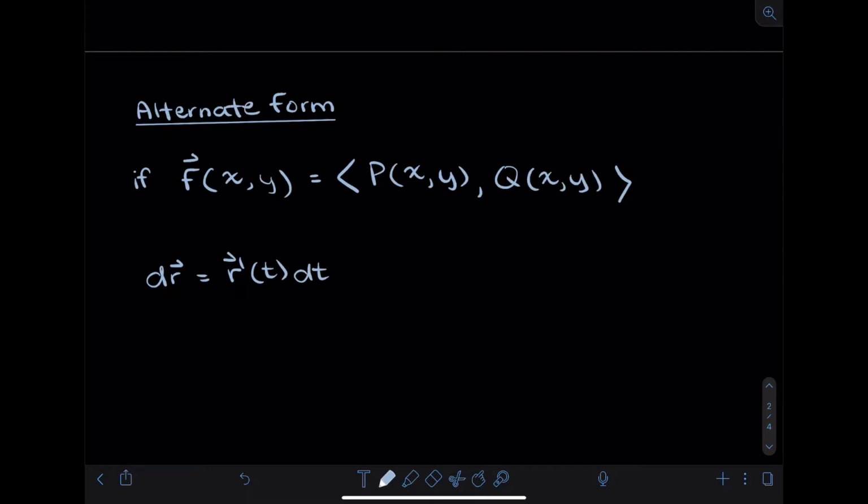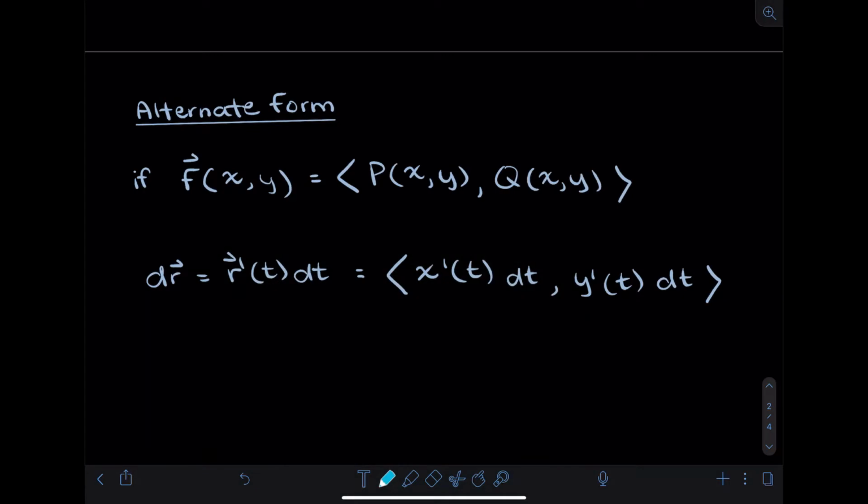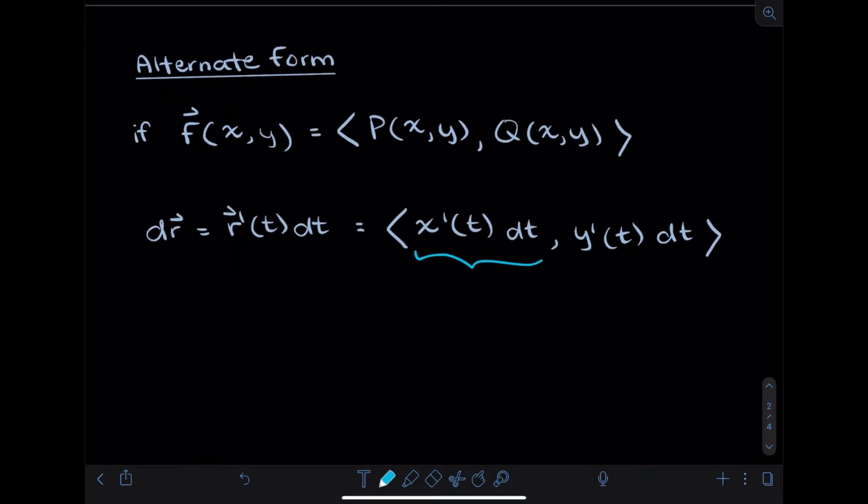So what is this? Well, simply this is just going to be the derivative of all the components. Again, nothing new here. We just talked about this. But now, notice something interesting here. What is x prime of t dt and y prime of t dt? Let's think about x prime of t dt.